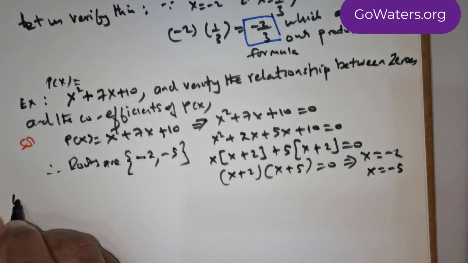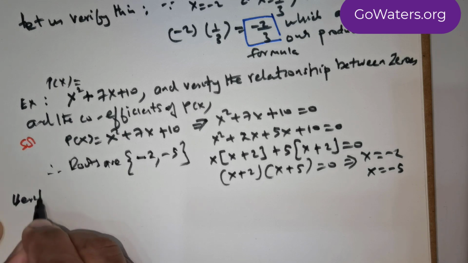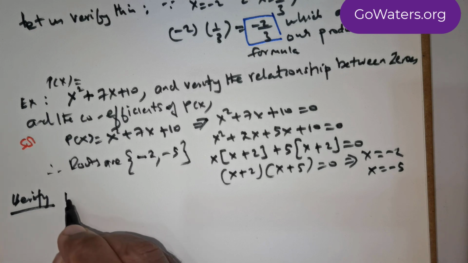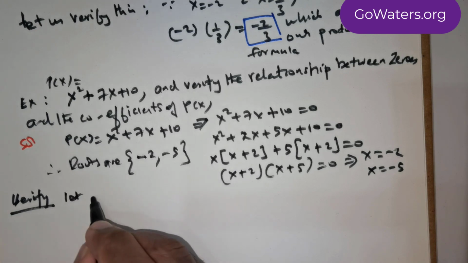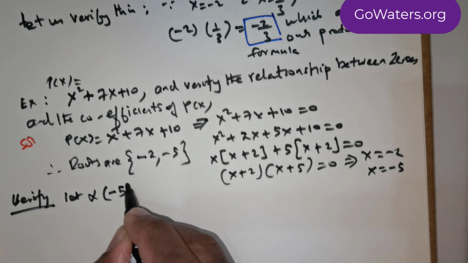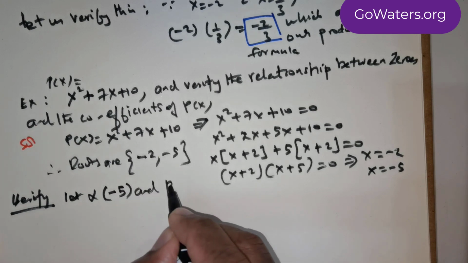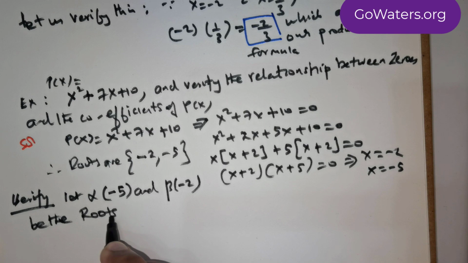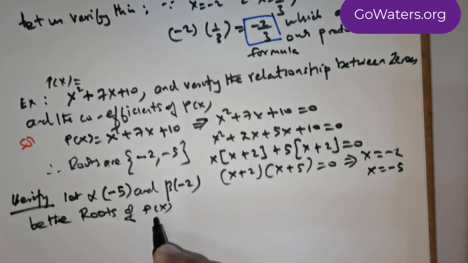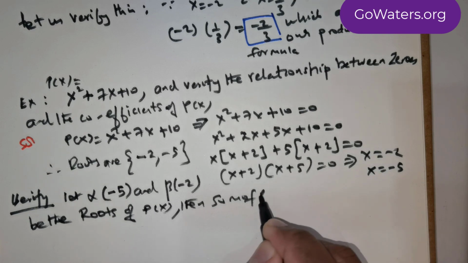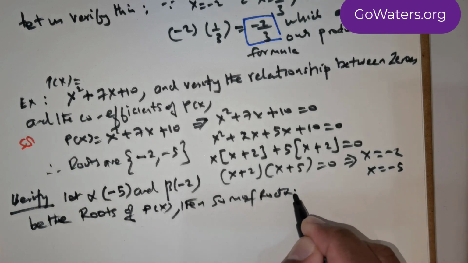Now verification, right? This is the verification. If alpha, let me just take it like this. Let alpha, in this case I'm going to take negative 5, and beta negative 2 be the roots of p of x. Then the sum of roots is what?